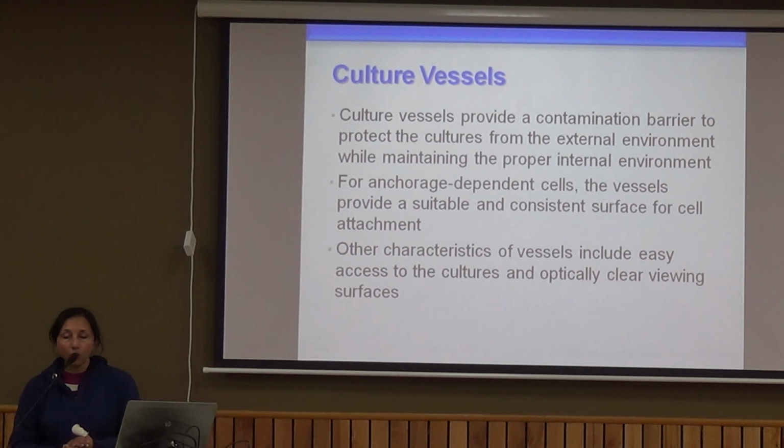We can view how the cells are growing. We can at least see the morphology of the cells growing inside the vessel. It is very important because once the cells turn into transformed cells, tumorous cells, cancerous cells, their morphology changes. So depending on our requirement, we want the cells to grow in a particular manner.